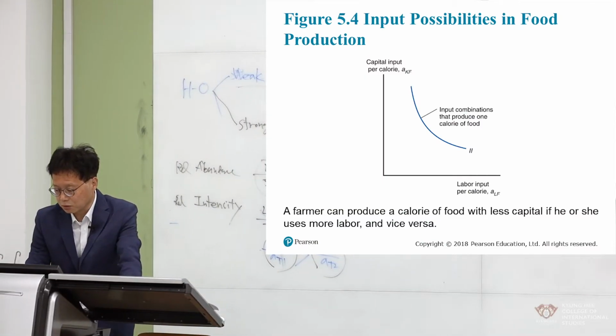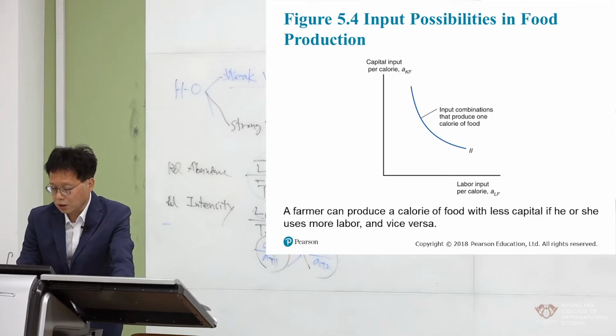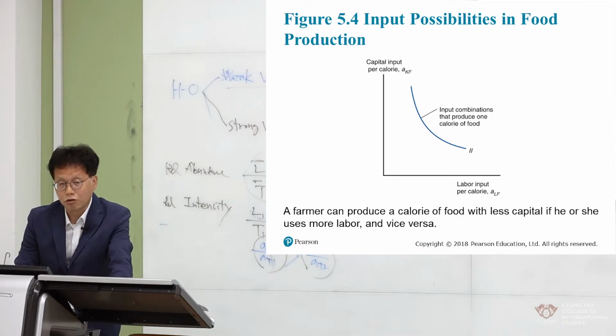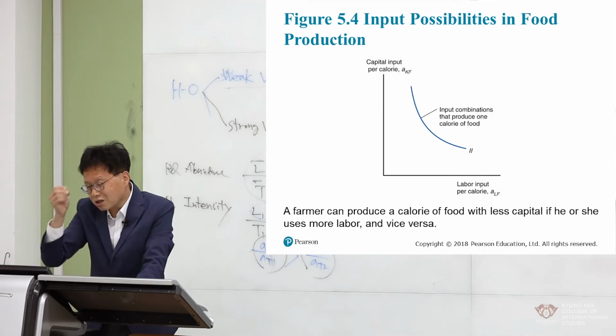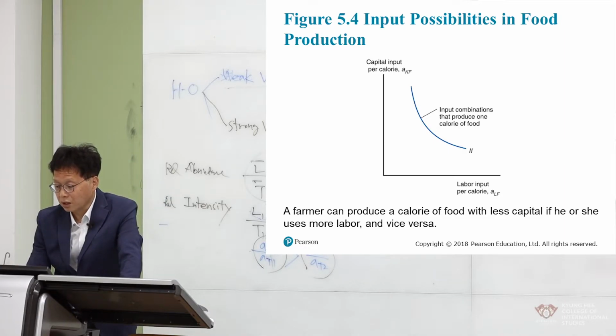In our textbook, that is labor input per calorie, AL2, AK1, like this. In the cost minimization problem, we usually say L2, K2, L1, K1. But if Q1 and Q2 equal only 1, then we can rewrite them as AL2, AK2 in the cost minimization solution.